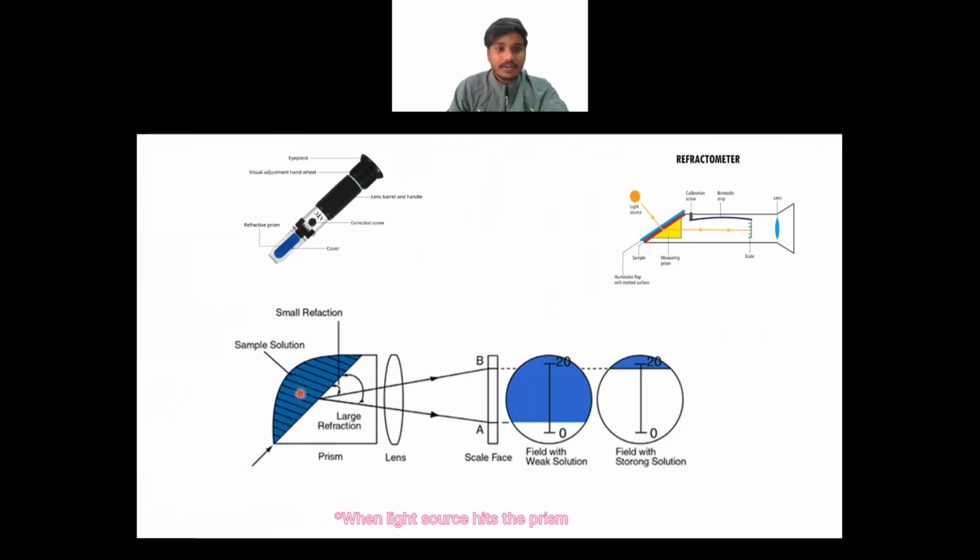And then the light is refracted depending on the solution's concentration. The higher the concentration, the higher the value, for a strong solution, and the lower the concentration, the lower the value, for a weak solution. And let's see this working principle in an animated video.